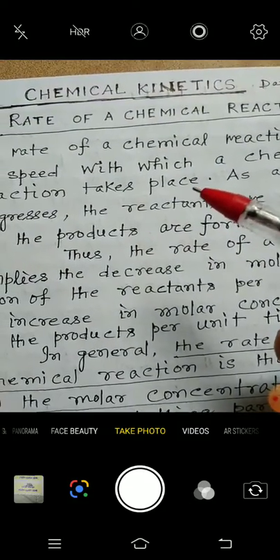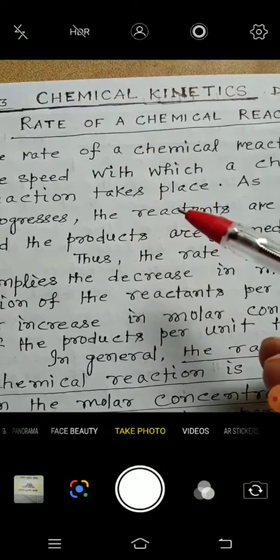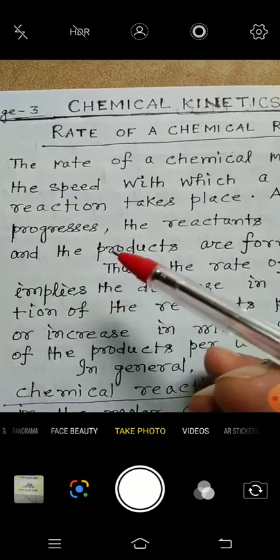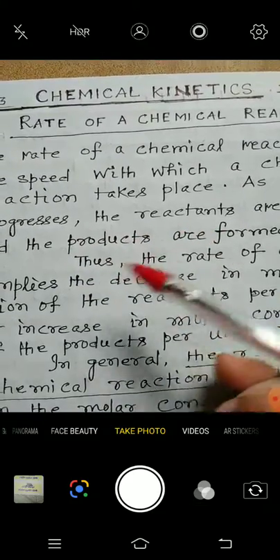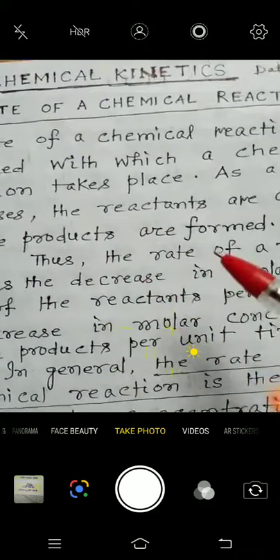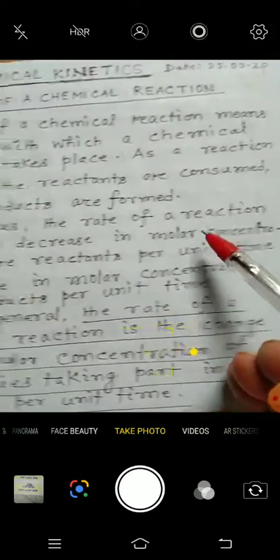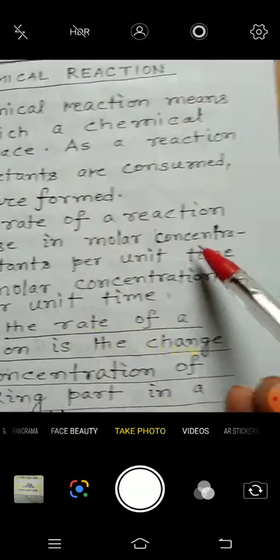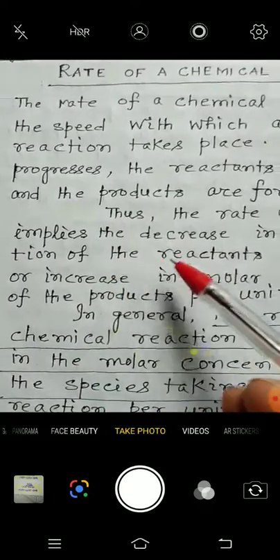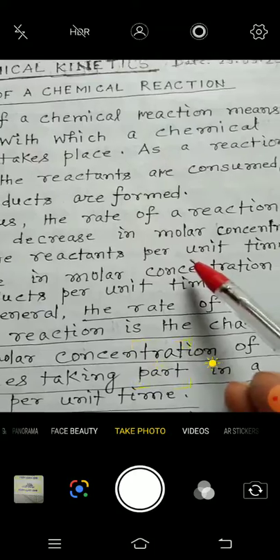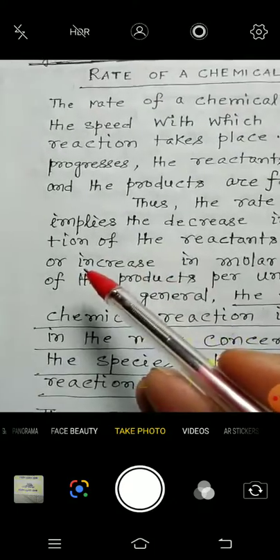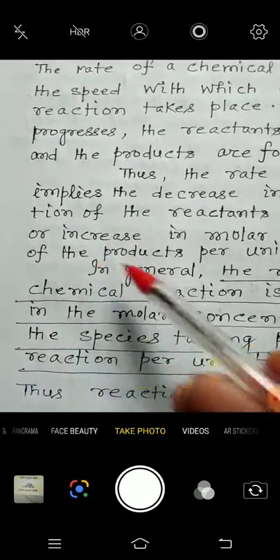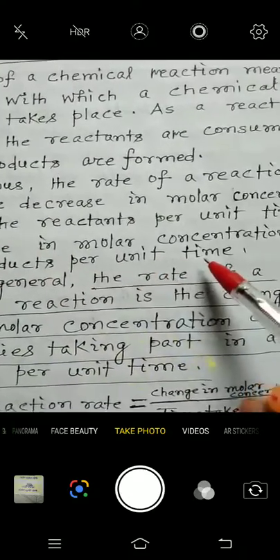So we find in our practical life or in experiments that as the reaction progresses, reactants are consumed and products are formed. Thus, the rate of a reaction implies the decrease in molar concentration of the reactants per unit time or increase in molar concentration of the products per unit time.